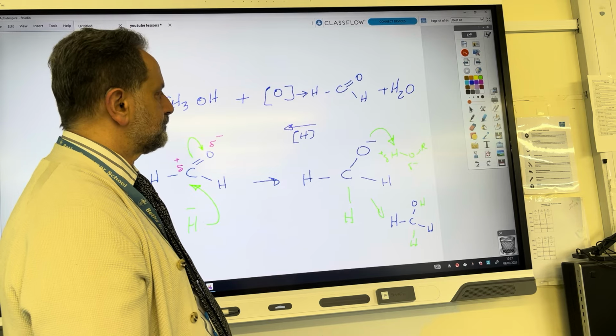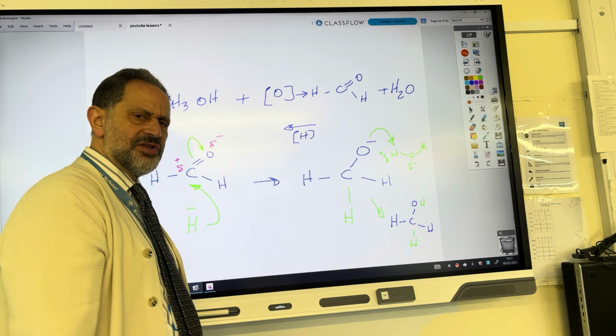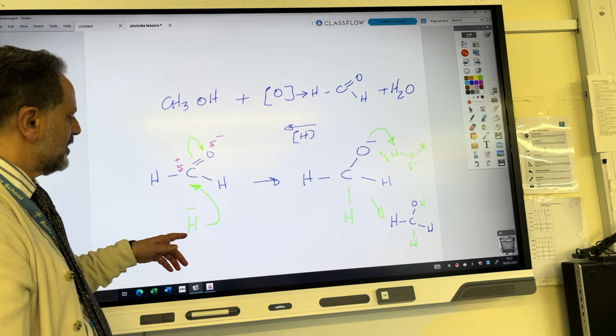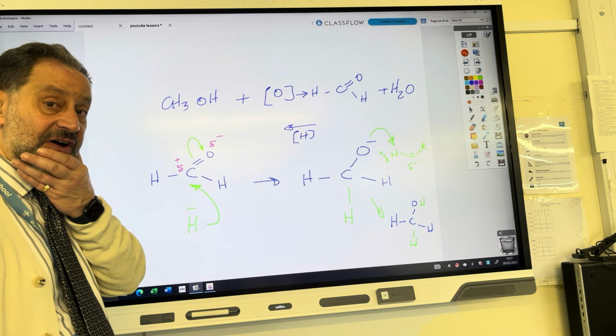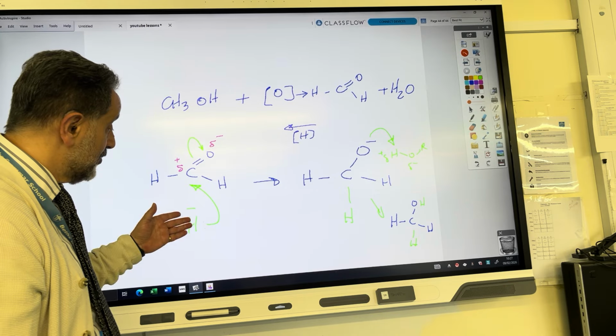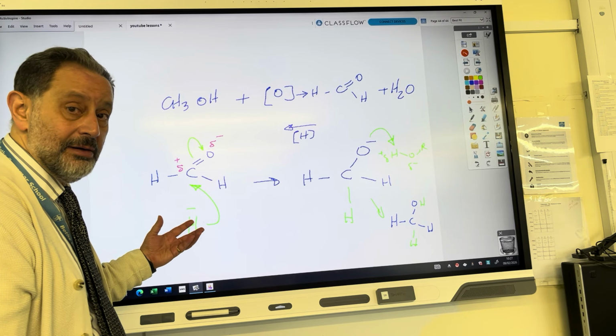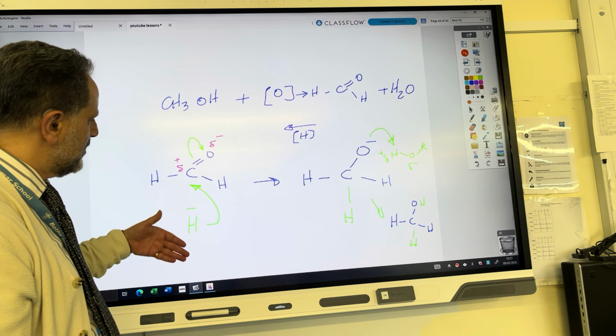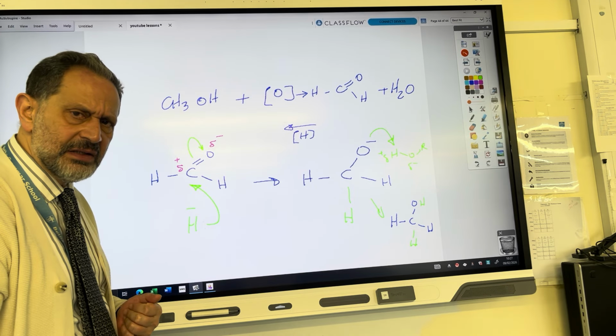But can we actually name it something else as well as reduction? I mean, what is this guy? Is it a nucleophile or is it an electrophile? Does it like electrons or does it like a positive center? It's a nucleophile, isn't it? So what happens then? Is it going to go in there and substitute something?